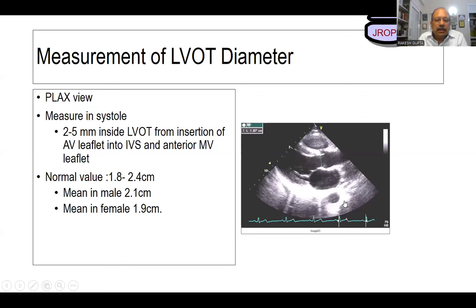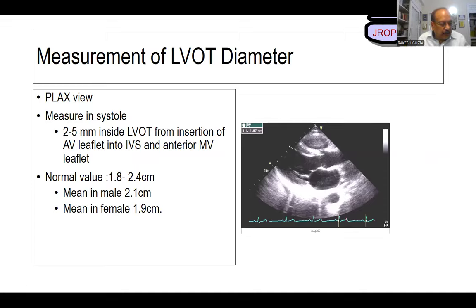Now, again, an example for LVOT diameter. Hinge point to hinge point. What is the diameter? 1.87. Somebody has got a calculator, just open it. Name your name and open the calculator. 1.87 divided by 2.